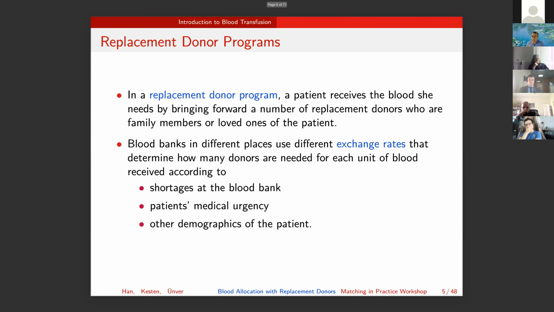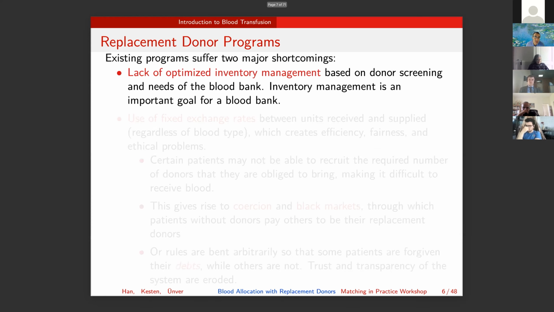Usually blood banks are in charge of these programs, and they use different exchange rates that determine how many donors are needed for each unit of blood received, according to shortages at the blood bank, or in certain cases, the patient's medical urgency, or other demographics of the patient. We were able to pin down two important shortcomings of these programs.